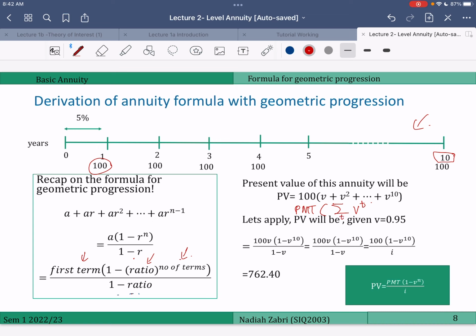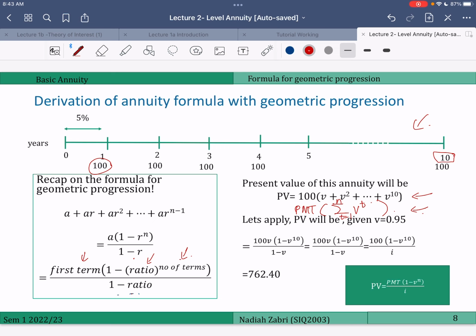I hope you recognize this. This is the present value using the basic principles. You are just discounting every single payment. Okay, now let's try to use geometric progression to sum up this term.